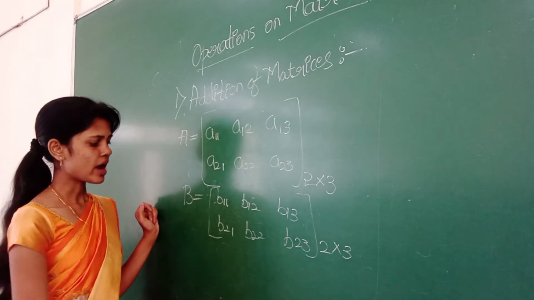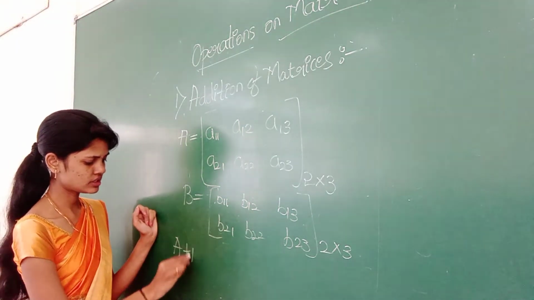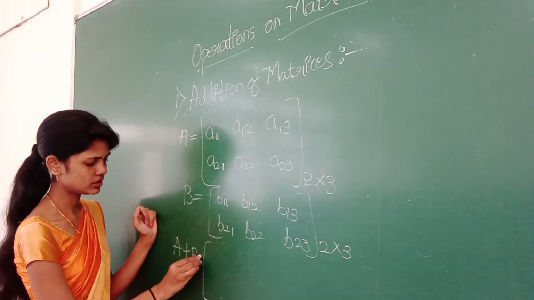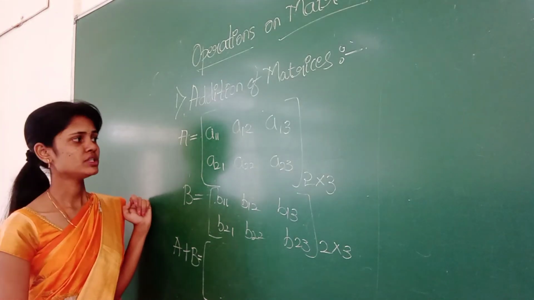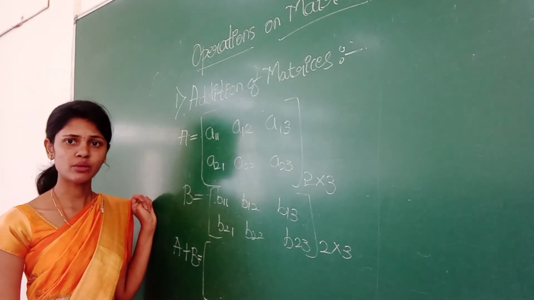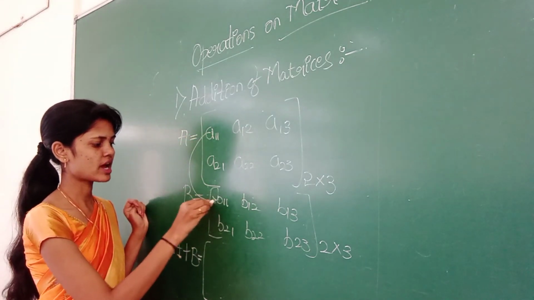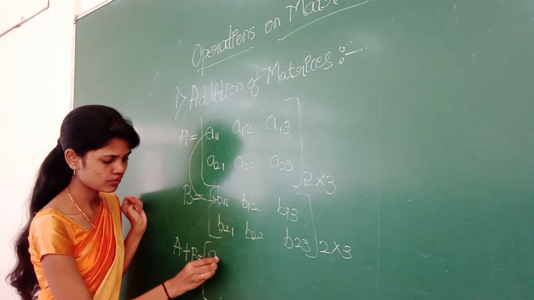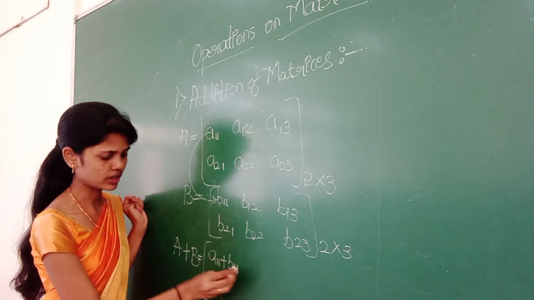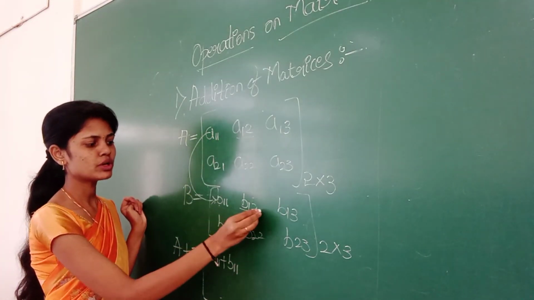So if you add A plus B, that is, if you are adding these two matrices, that means you must add the corresponding elements in matrix A and B. So for A11 you must add B11. So A11 plus B11. So for A12 you must take B12.